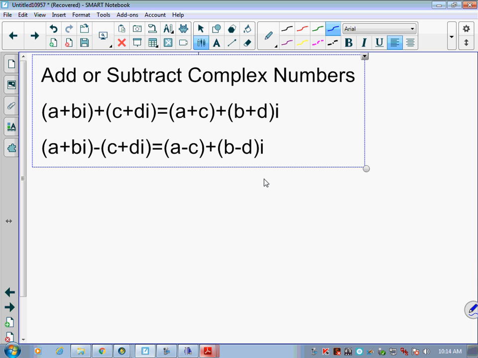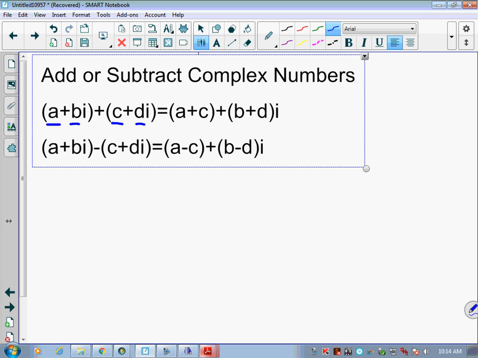All right, so this, and you'll find this in your book, is how I add or subtract complex numbers. We're going to refer back to this page in order to do that. So all they're doing here is they're putting a and b in place of numbers that would go there. So if I have a number here and a number here, and I'm adding these things together, I'm going to change the association.